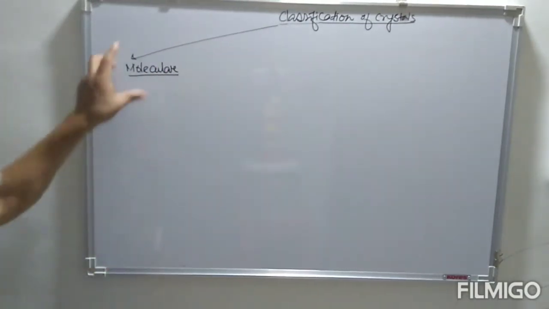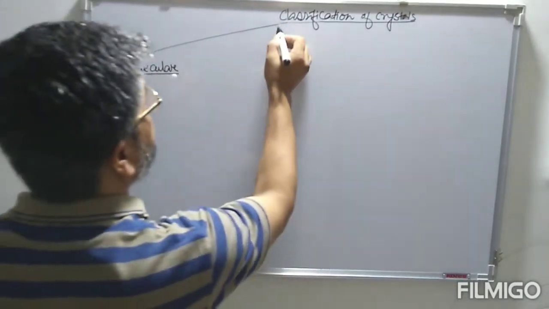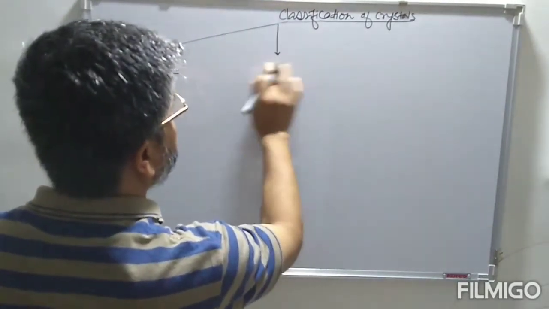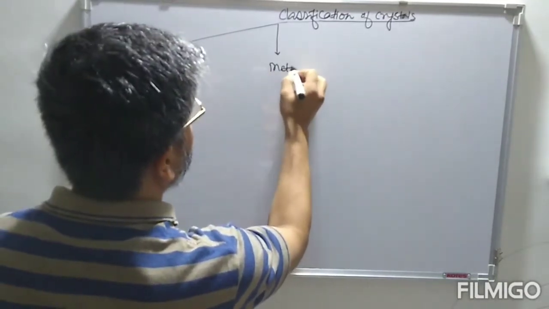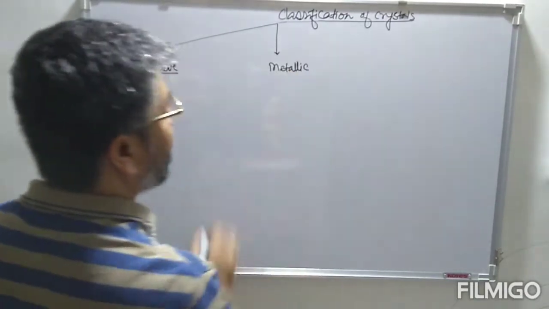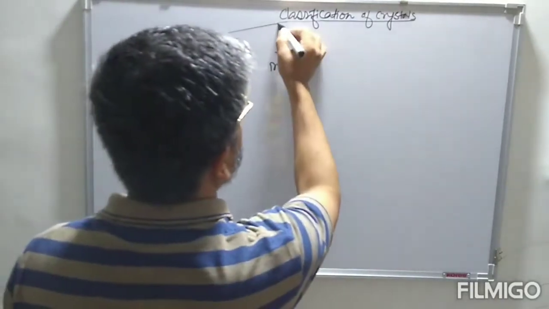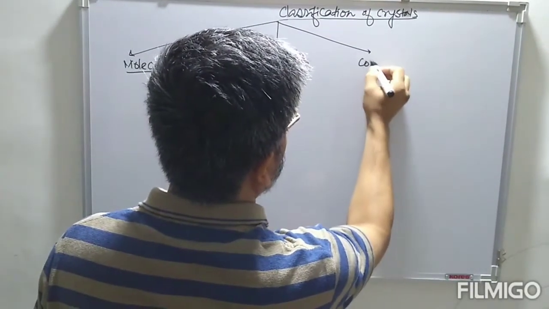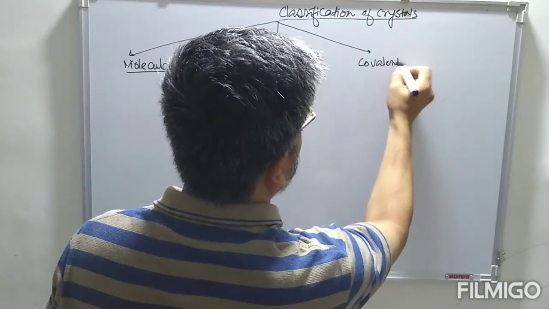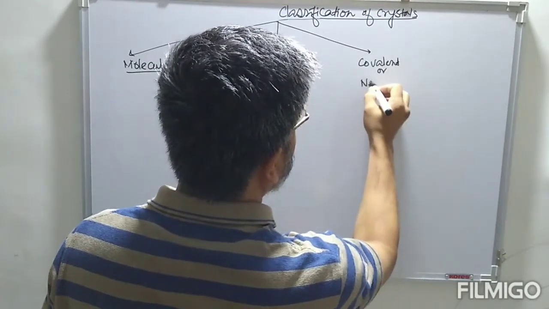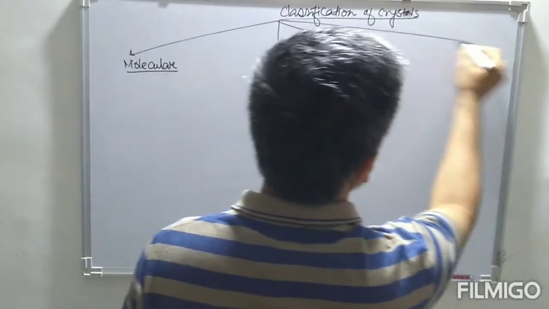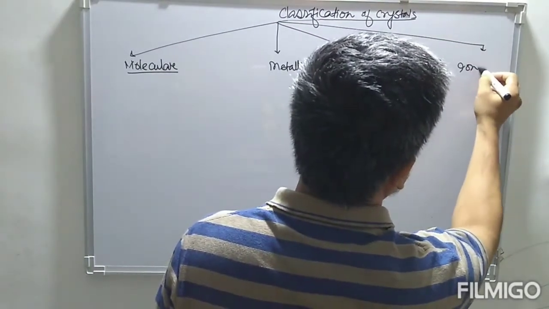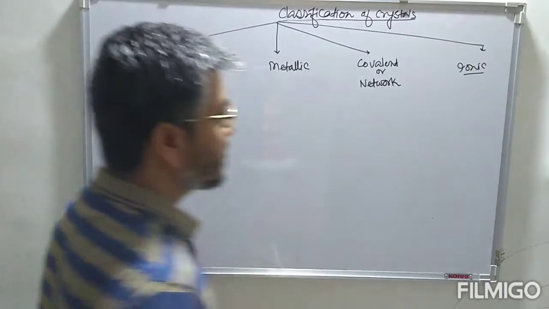These crystalline compounds are basically of different types: molecular crystalline compounds, metallic crystalline solid, covalent or network crystalline solid, and ionic crystalline solid.